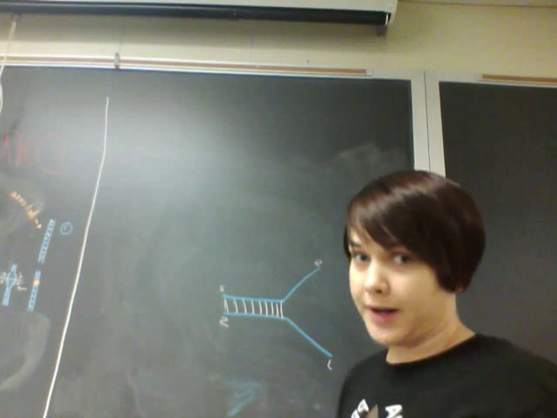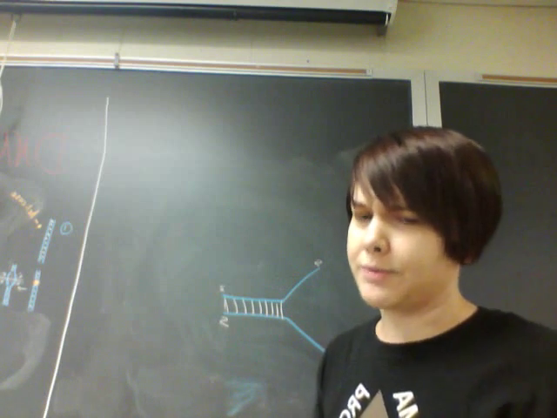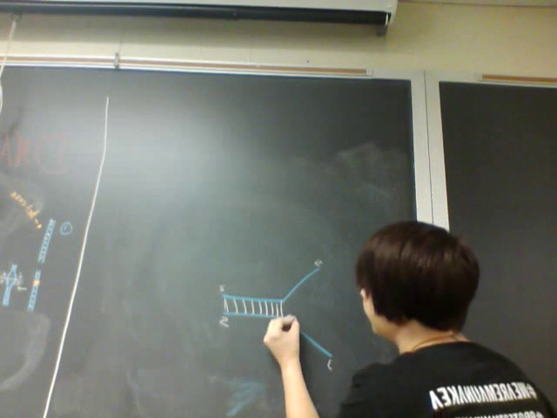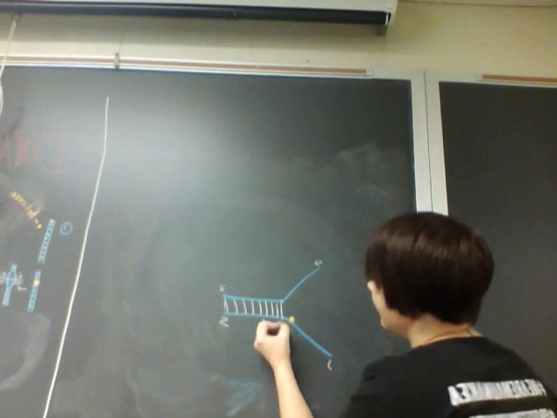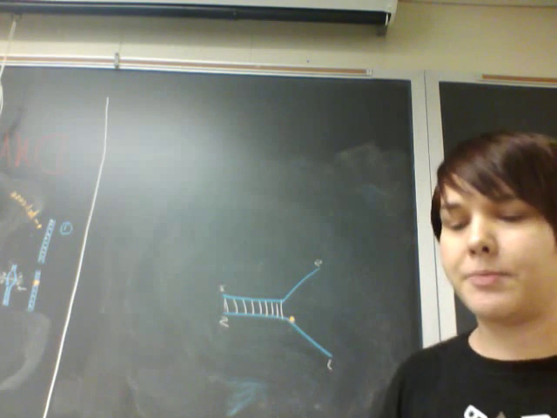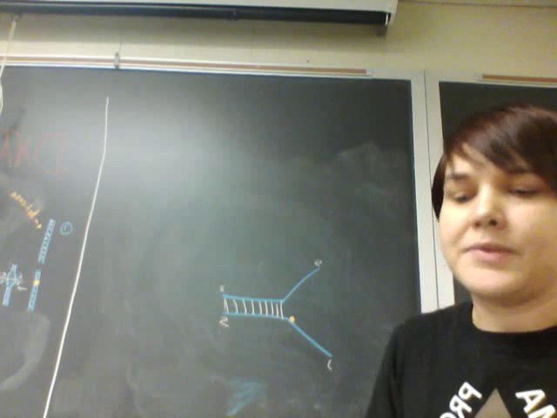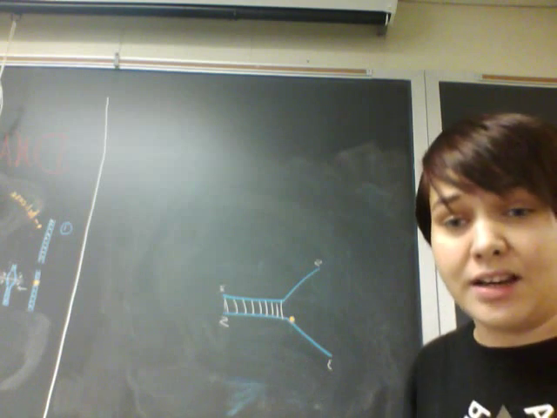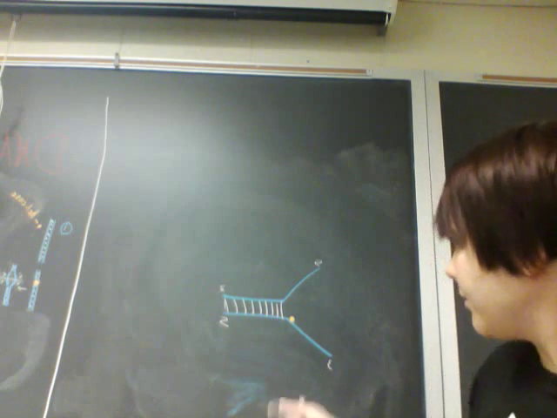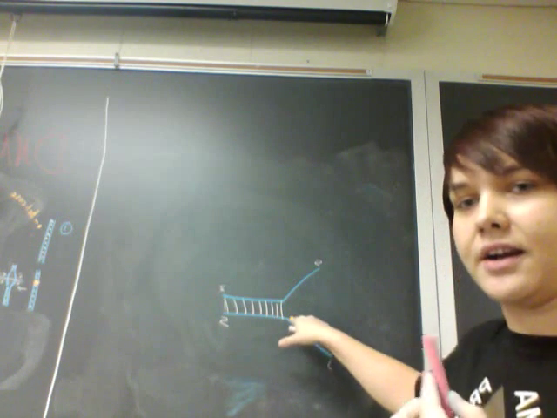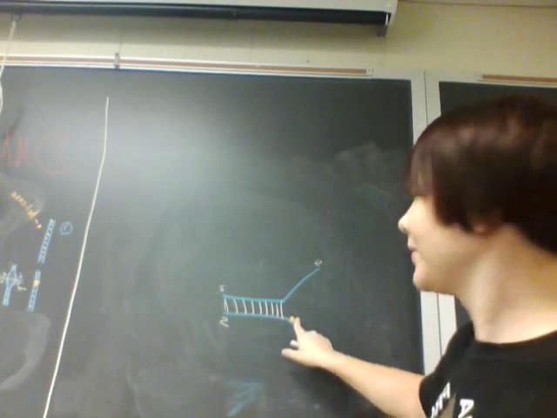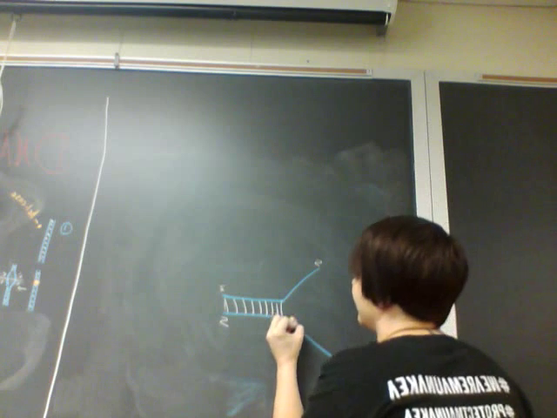So now we're ready to start the replication business. But we have to add something. We have to add an RNA primase. An RNA primase just tells everything, hey, it is time to start adding these nucleotides. So what comes in after the helicase is there, after the RNA primase is there, is a DNA polymerase.